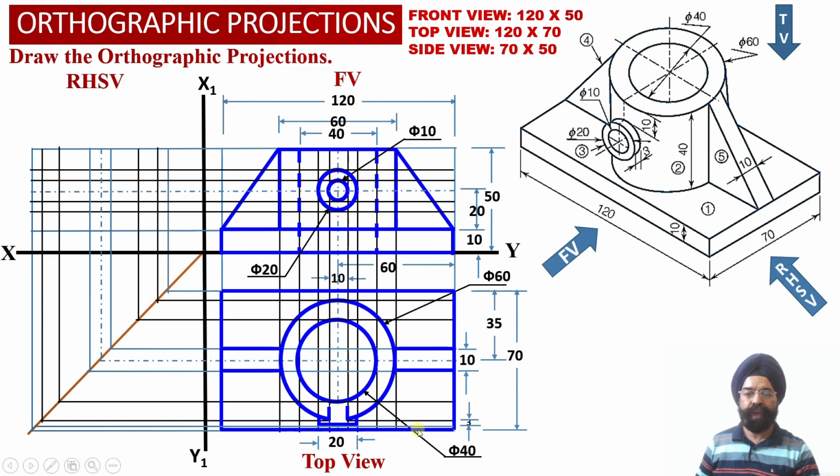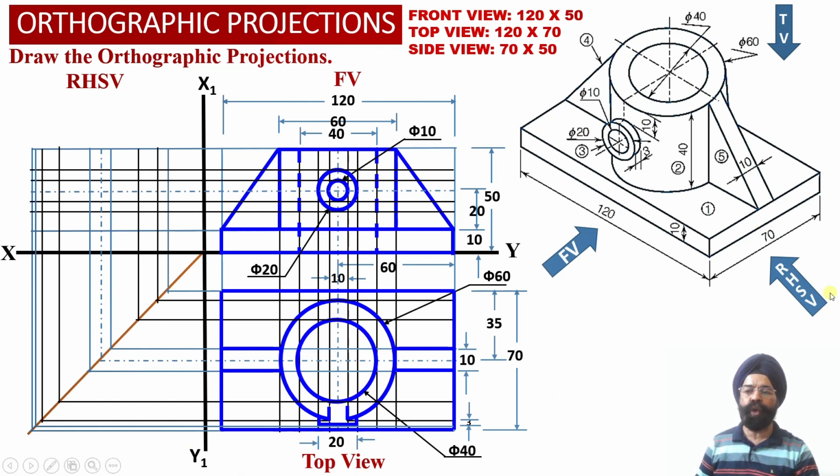So a horizontal projector line has been obtained in the top view projections, and it has been appropriately transferred using this transfer line into the right hand side view projections over here. With this we have been able to obtain the top view orthographic projections of this object.